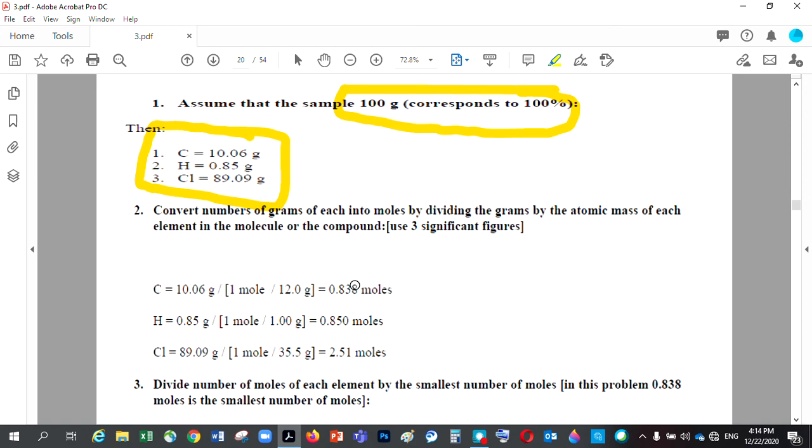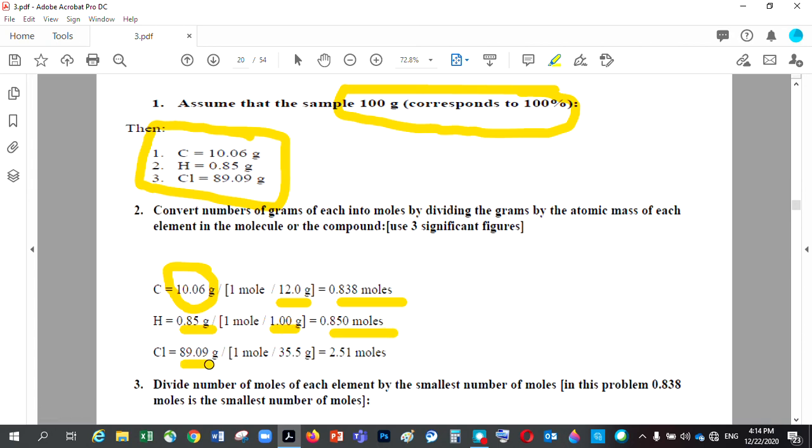The next step is to use the atomic masses to divide, to get the moles. So the 10 grams of carbon divided by the atomic mass, 12 grams per mole, I get this number of moles. For hydrogen, I divide by its molar mass, and I get this number of moles.